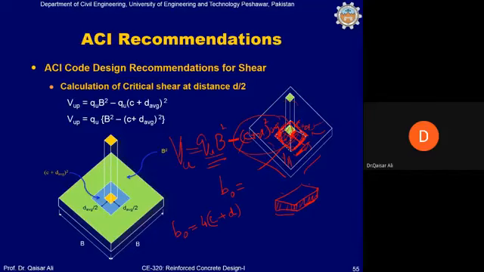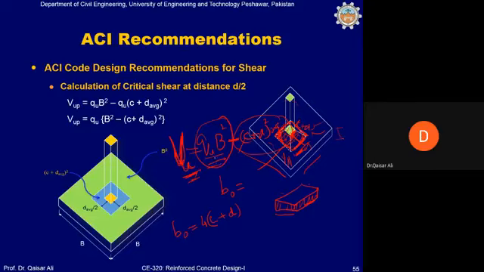Although it has very minimum significance on the magnitude of Vu, as you will see in the example, Vu will be very slightly reduced if we do this. But as you have seen in our several lectures, this is a permission granted to us by the ACI code, that instead of using qu B squared, which will give you more shear, and in the case of more shear you will need more thickness.